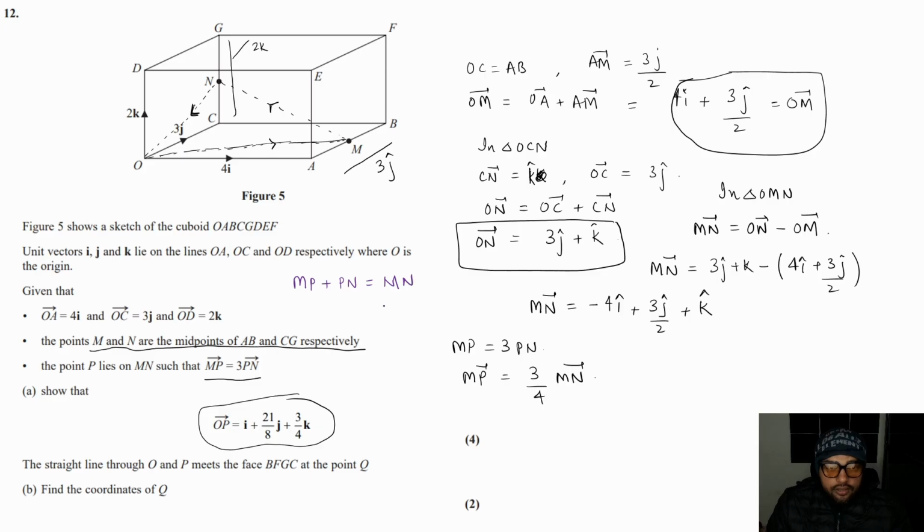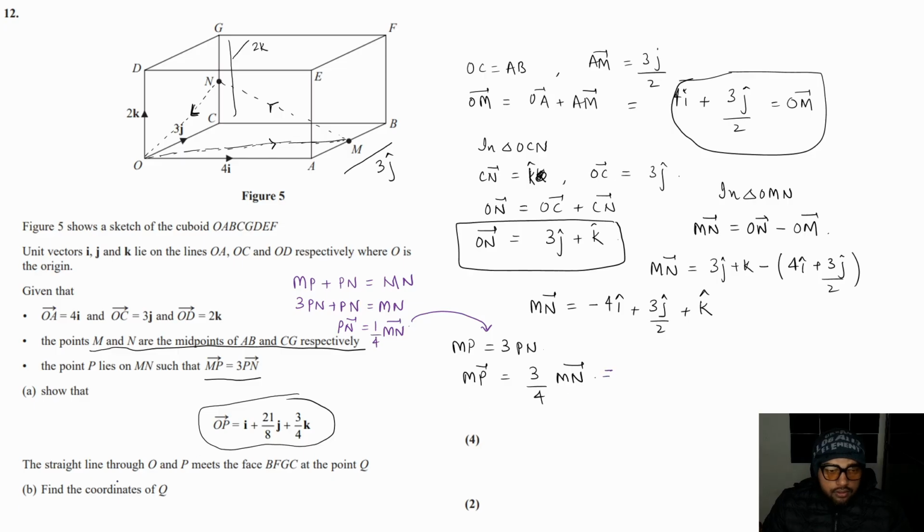MP is already given as 3PN, so 3PN plus PN is equal to MN. So PN vector is equal to 1 by 4 times MN vector. Plugging this in, MP vector will be equal to 3 by 4 times MN vector.